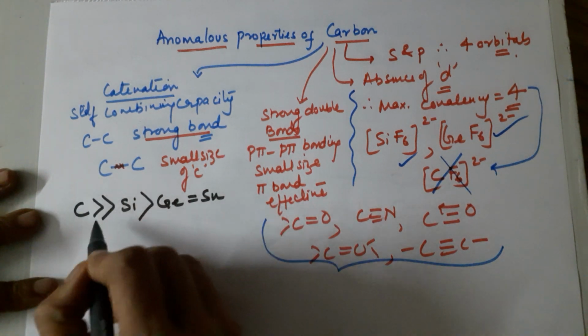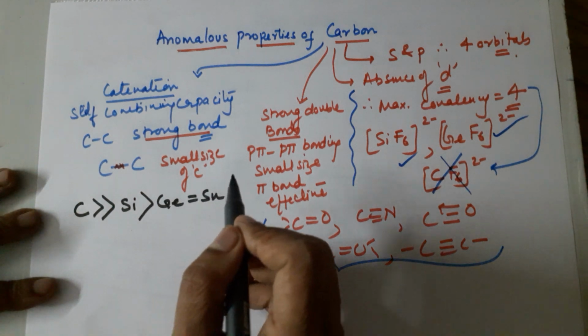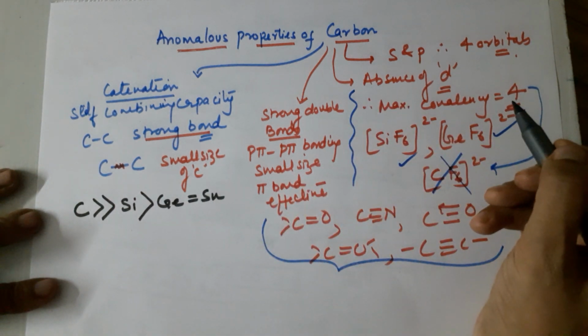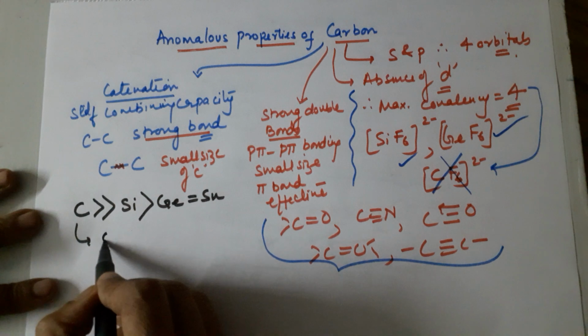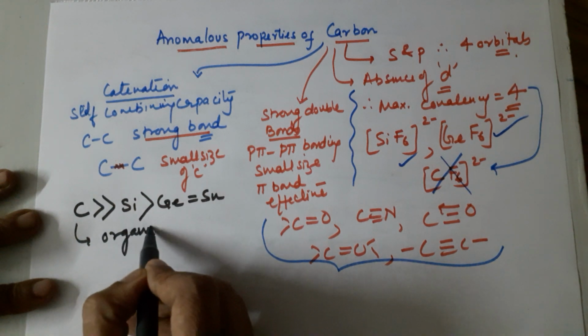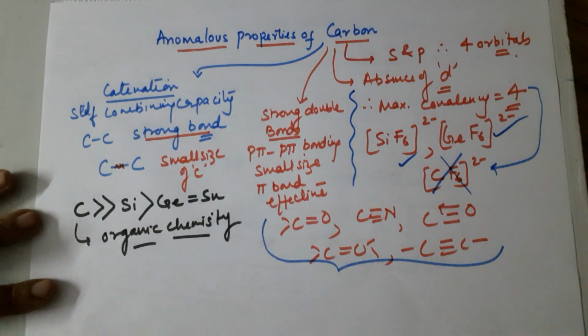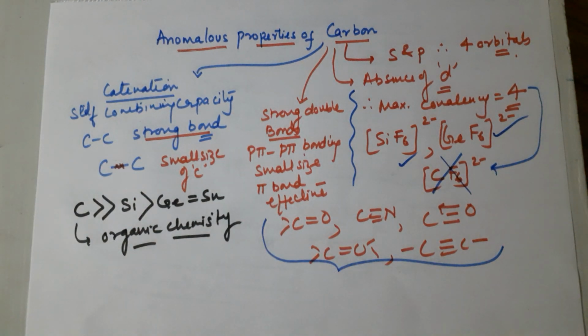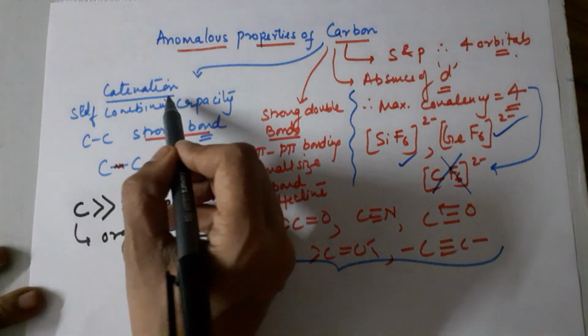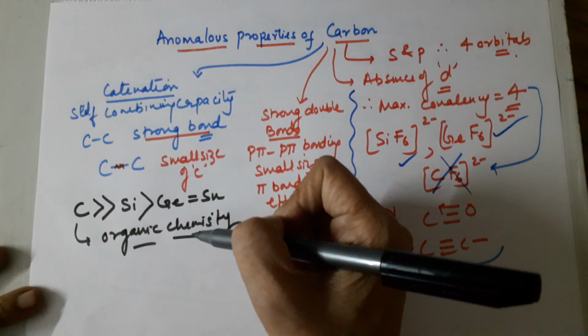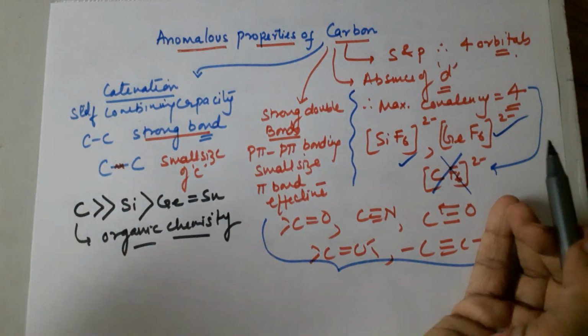Carbon is the one which shows maximum catenation of all the elements in the periodic table. That is the reason for the base of organic chemistry, where you have compounds of alkanes, alkenes, alkynes, all long series, which are possible due to the catenation property of carbon. And the reason is the strong carbon-carbon bond.